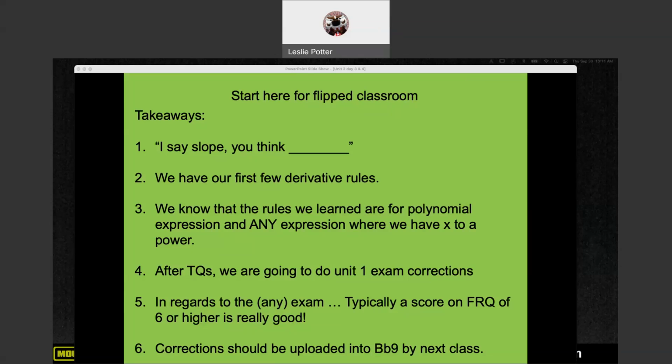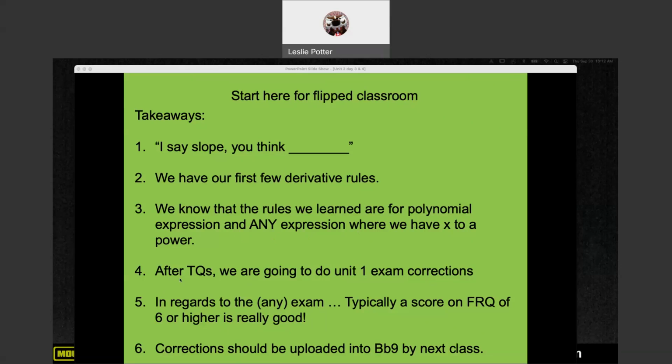Okay, so once you find the function, you grab the function, and you do this to find the derivative. We don't do the limit method anymore. And then we say for that. Okay. We know that these rules we learned are for polynomial expressions and any expression where we have x to a power. Okay, I said that just a second ago.